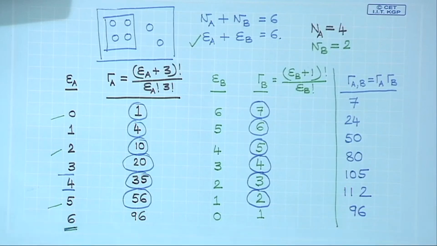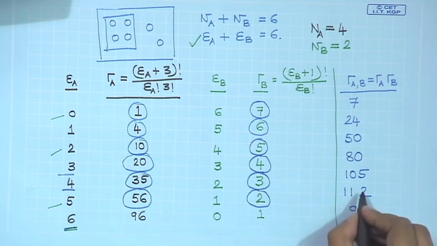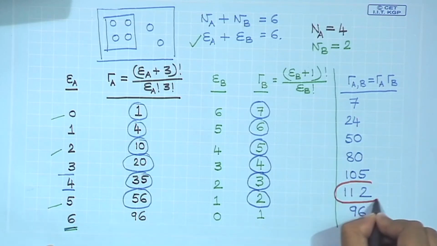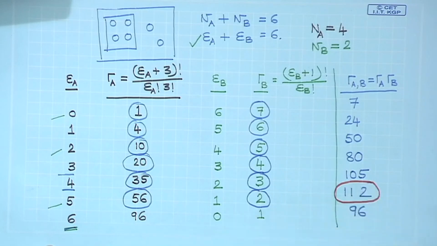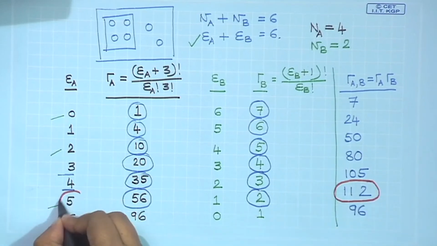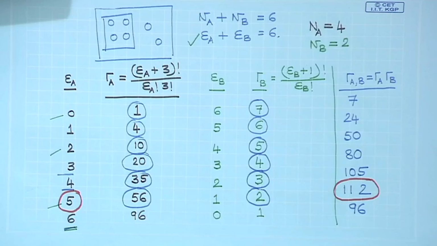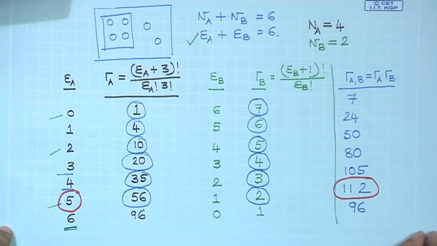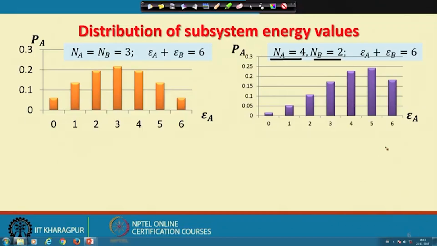Now, of these, as you see that the maximum number of microscopic states is 112, and this is associated with the case where epsilon A is equal to 5. Now, when I look at a system like this and go back and plot the resultant probability, what I will find is as follows.